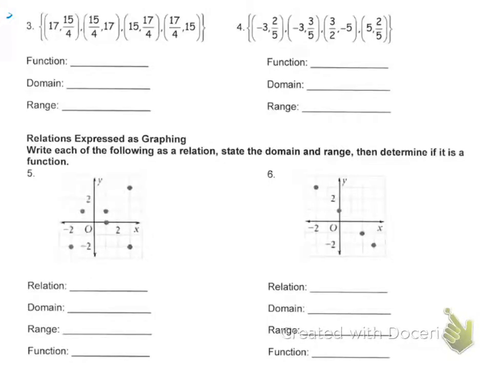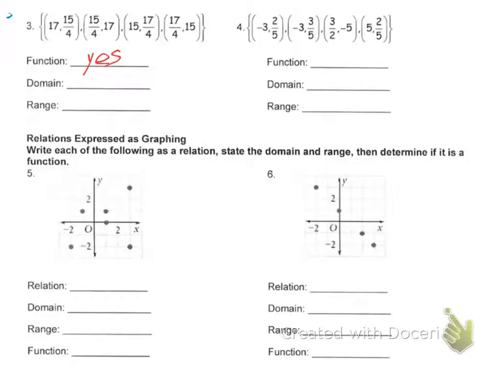This is a function. It's a function because every input goes to a different output. Because I'm not repeating an input. I'm only using 17 once going in. 15/4, 15 and 17/4. So the x value is always the inputs, right. In this case, x's are in, y's are out.